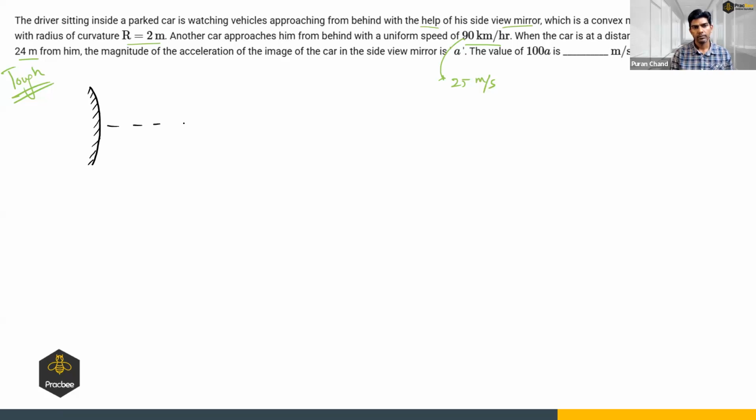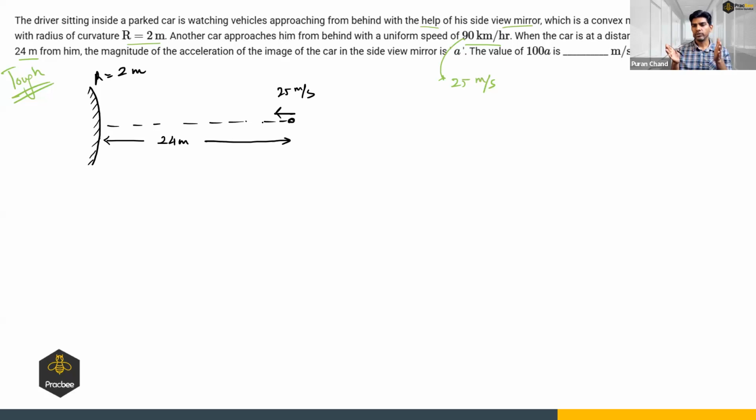And this is the object which is moving with a speed of 25 meters per second, and it is at a location of 24 meter at this instant. Radius of curvature is given as 2 meter. We have to find the acceleration, right?